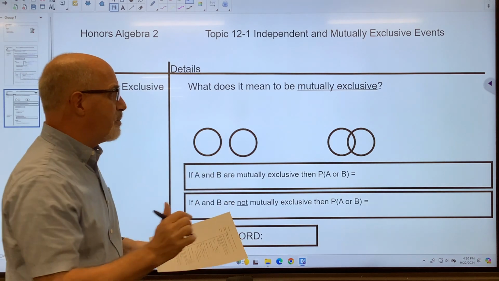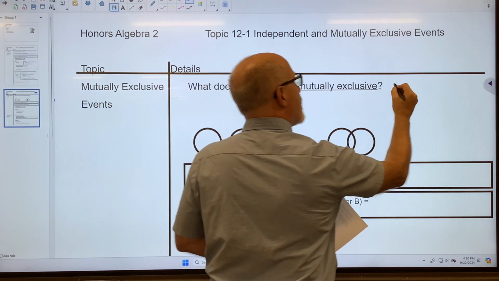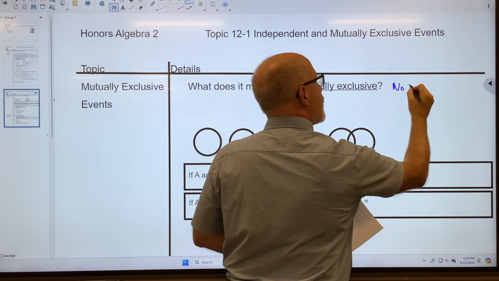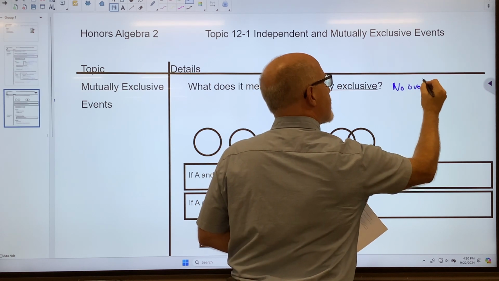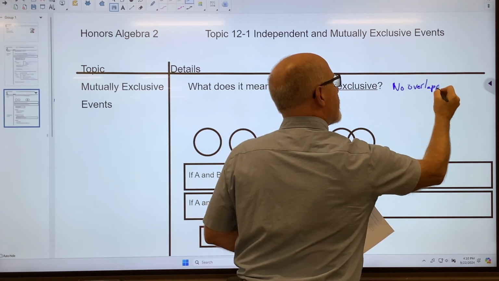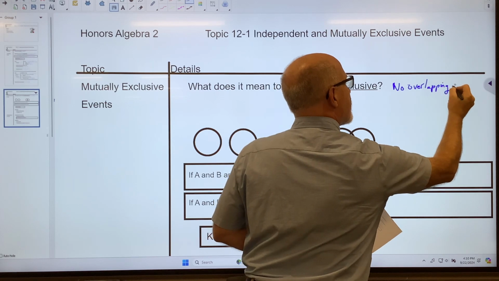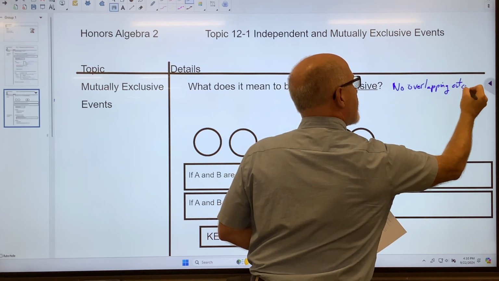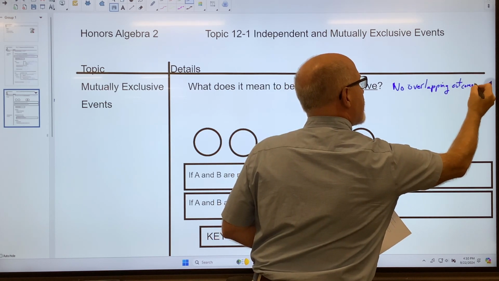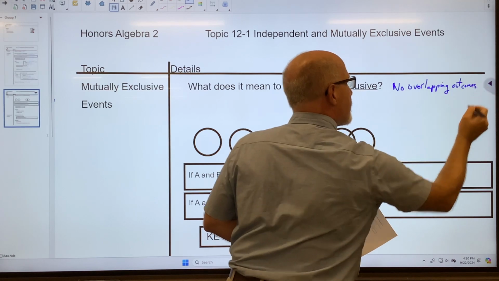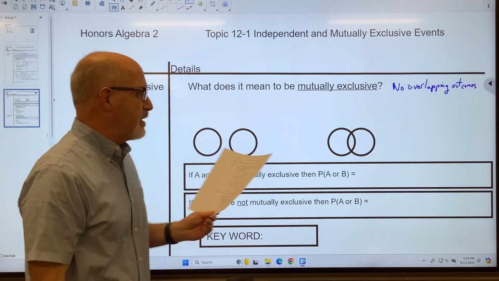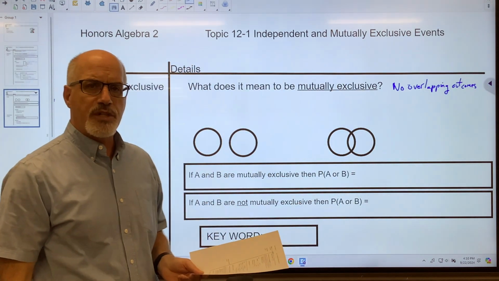Mutually exclusive means that there's no overlapping outcomes. So these Venn diagrams help illustrate what we're talking about.